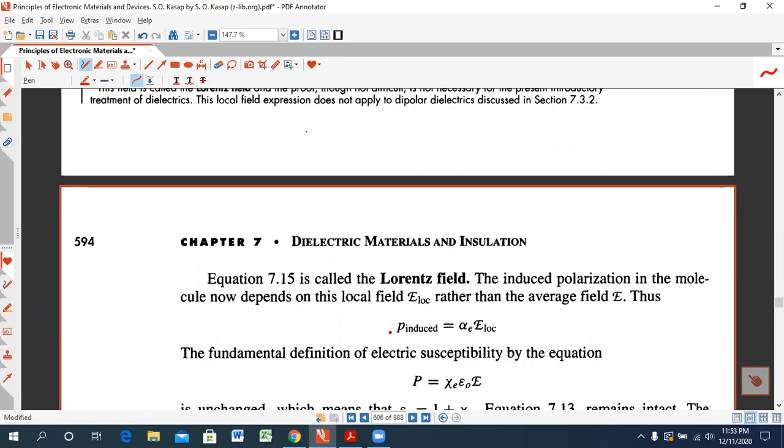Now look, from the definition of the Lorentz field, the induced polarization P induced equals alpha E local.